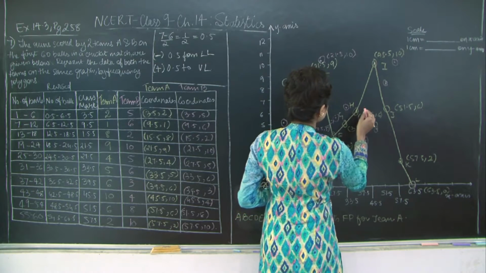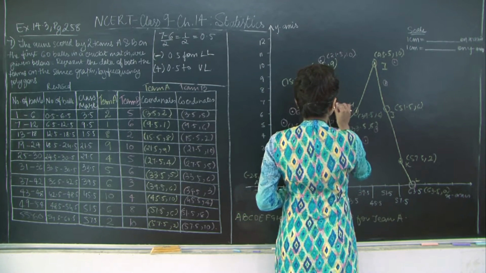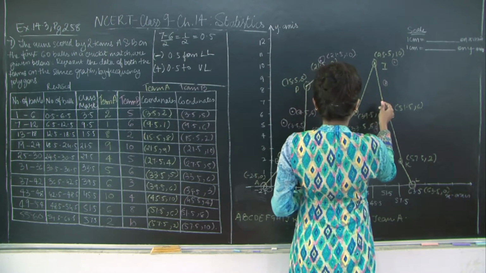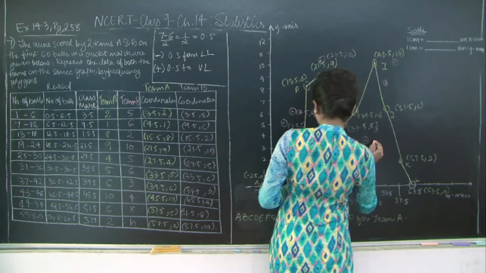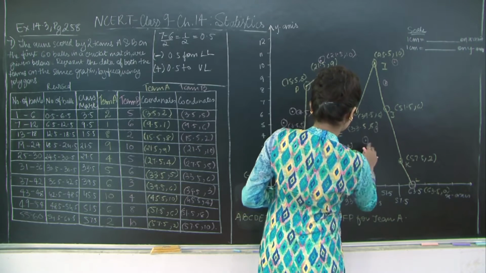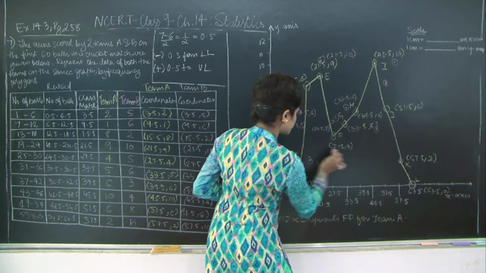33.5 comma 6, 39.5 comma 3. So this will come a little down over here.